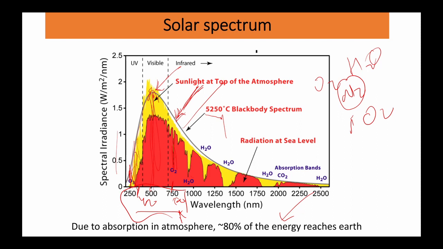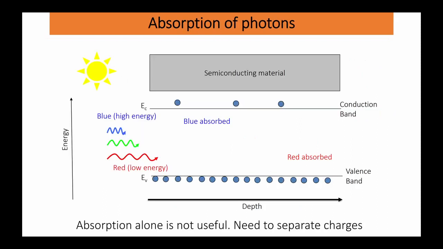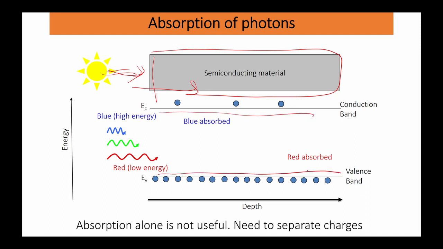Now, this is a semiconductor material. This is the length of the semiconductor material, and the sun is shining from this side. This is the conduction band, and this is the valence band.